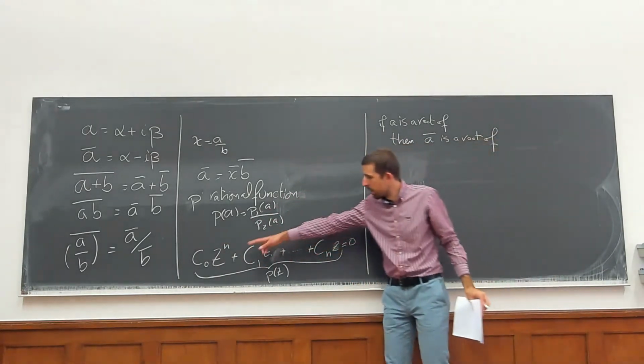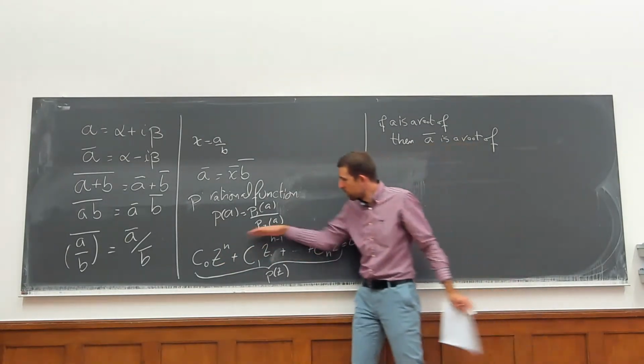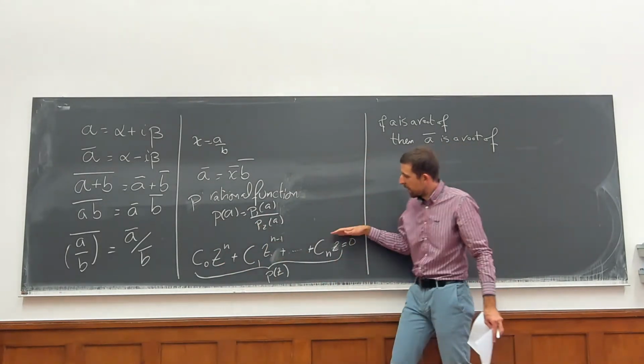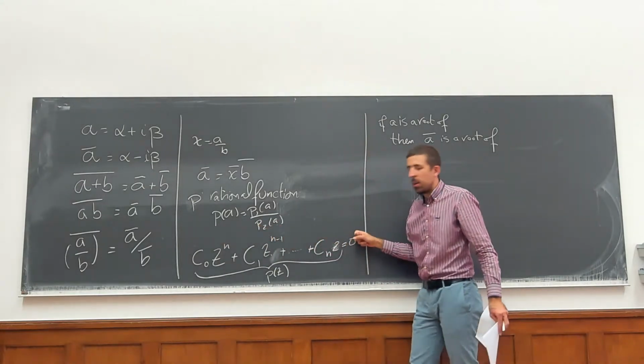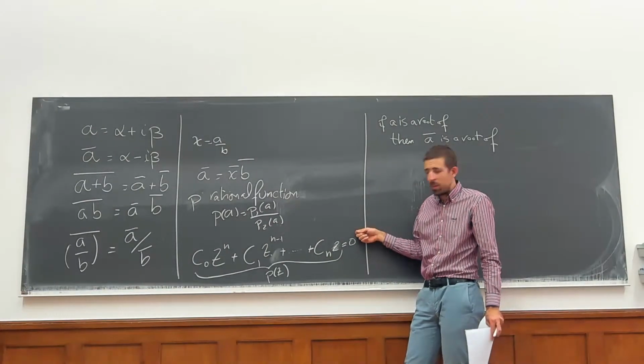Because if I replace Z here by A and this is equal to 0, I can just take a conjugate everywhere. I get that the whole conjugate equals 0, but the conjugate of 0 is still 0.